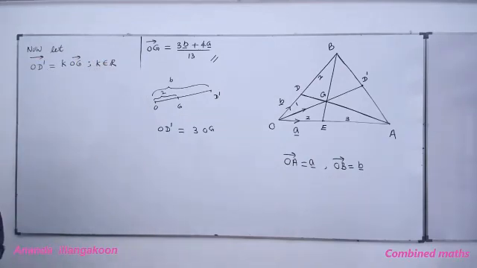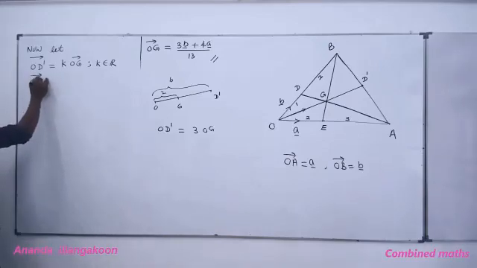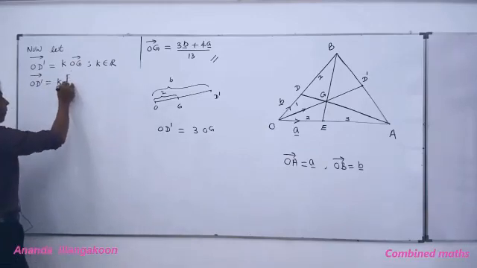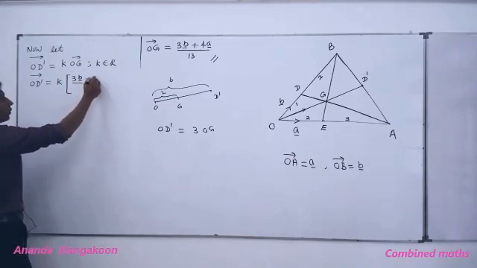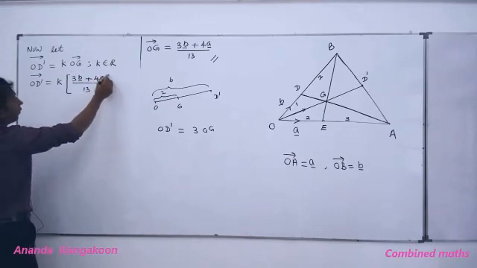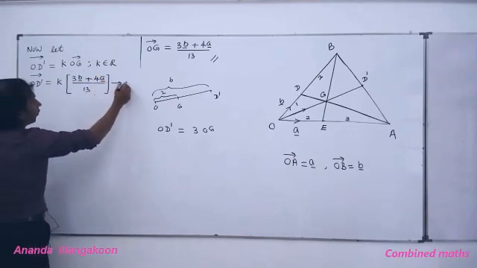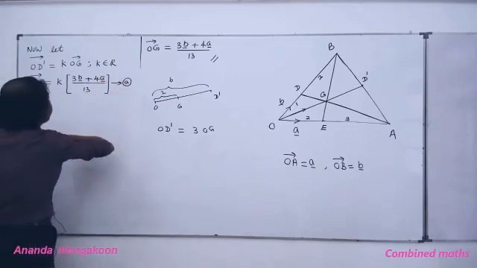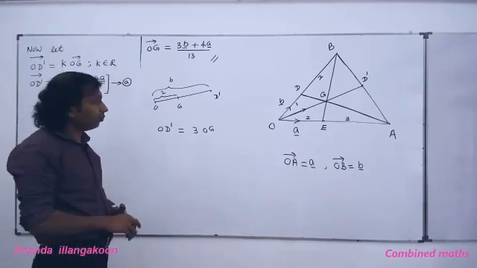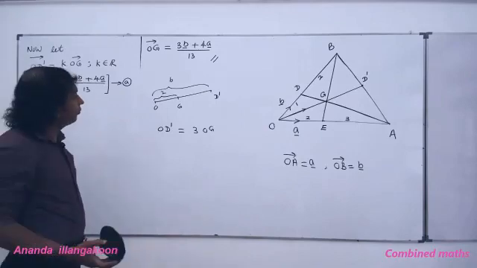Then OD dash vector is K times OG vector, where we have (3B vector plus 4A vector) divided by 13. We take this as equation (A).